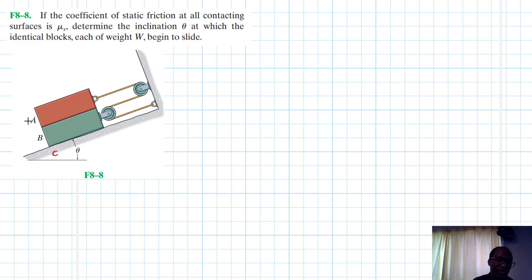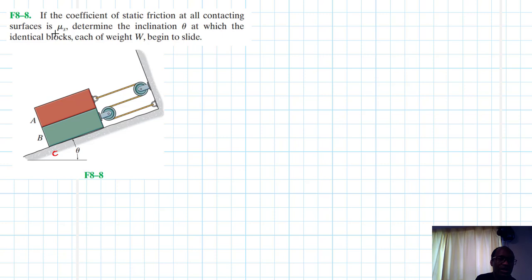In the first case, we are going to assume that block A is moving in this direction as block B is moving in that direction. In the second case, we are going to assume that block A is moving in that direction as block B is moving in that direction.